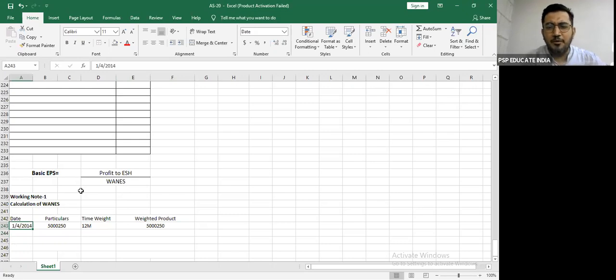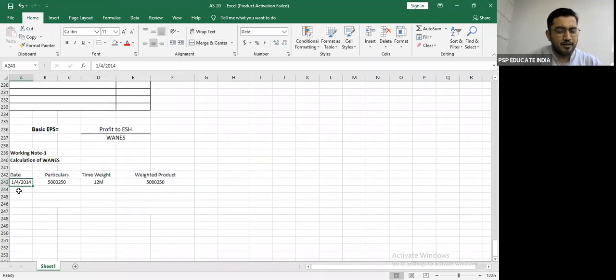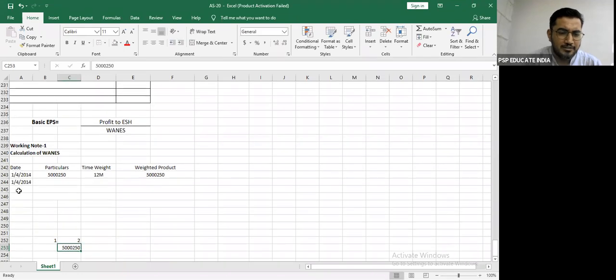How do you calculate bonus? What is the time weight that is required for bonus? What is the time weight that we will take for bonus? You will always take the earliest reporting period, so I will continue taking this. It says 1 share for every 2 shares held. I am right now holding 5,00,250.